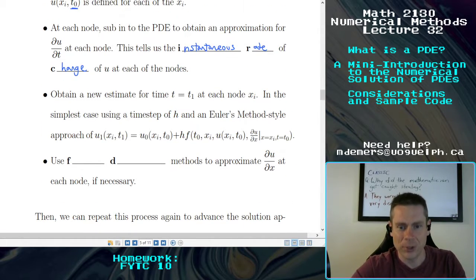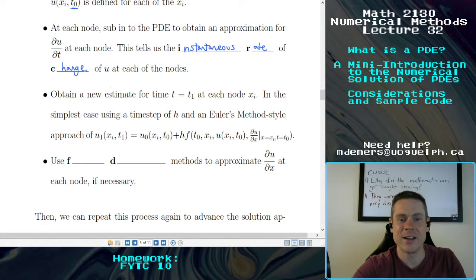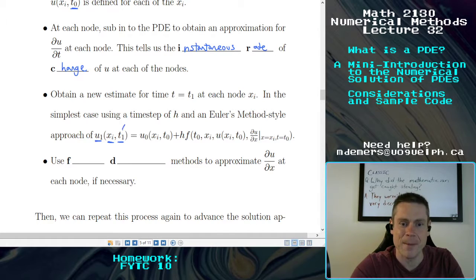Okay, so it's an Euler's method style approach, and that's exactly what's going on here. We're using u at the current node at the next time step.